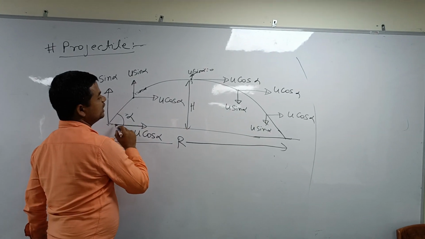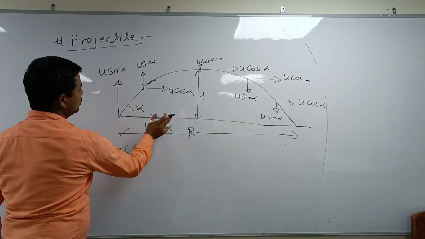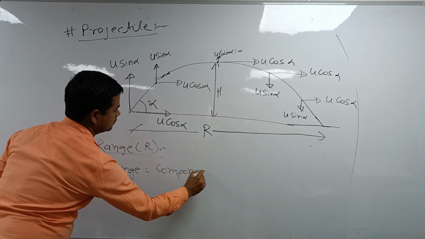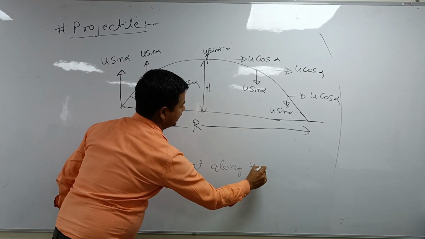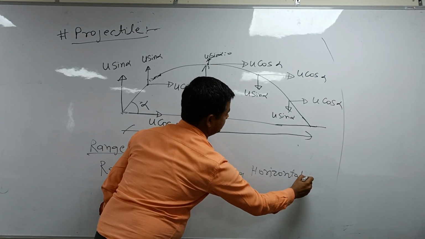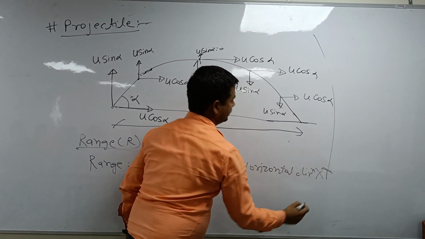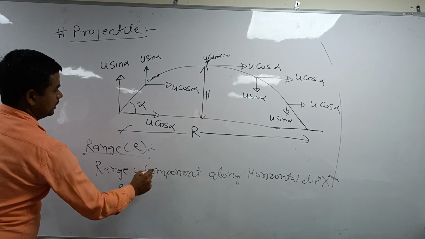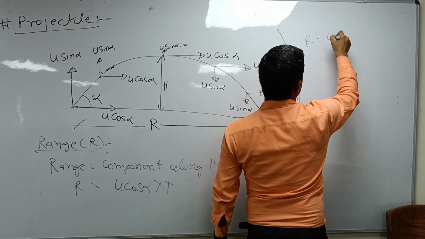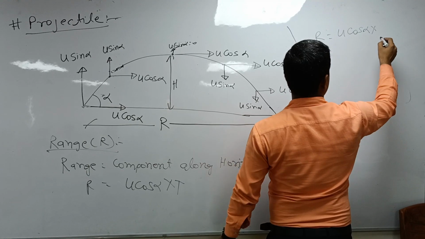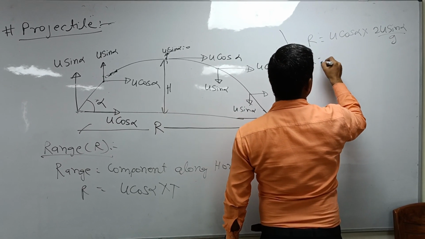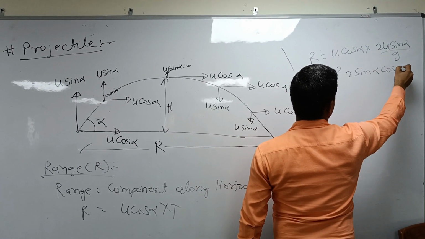Since range is the distance covered in the horizontal direction, we consider the horizontal component, the component along the x direction, multiplied by the time of flight T. So R equals u cos alpha into T. Putting the value of T, 2u sin alpha divided by g, we get R equals u squared 2 sin alpha cos alpha divided by g.